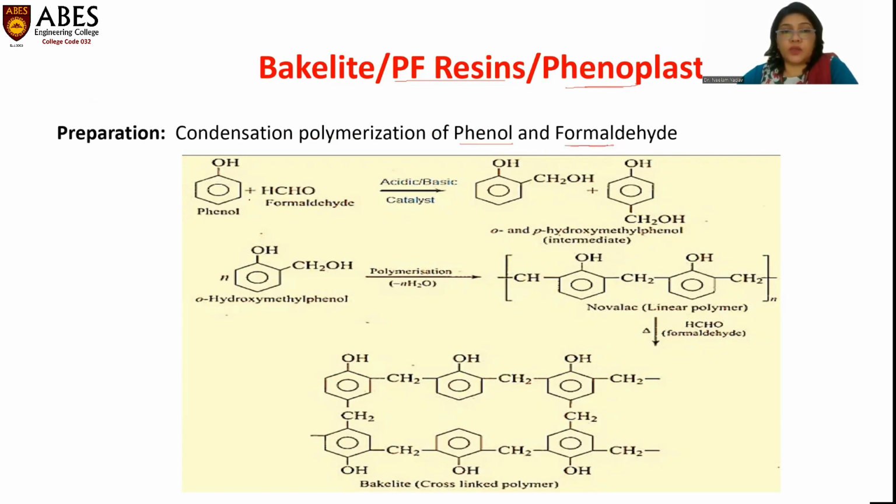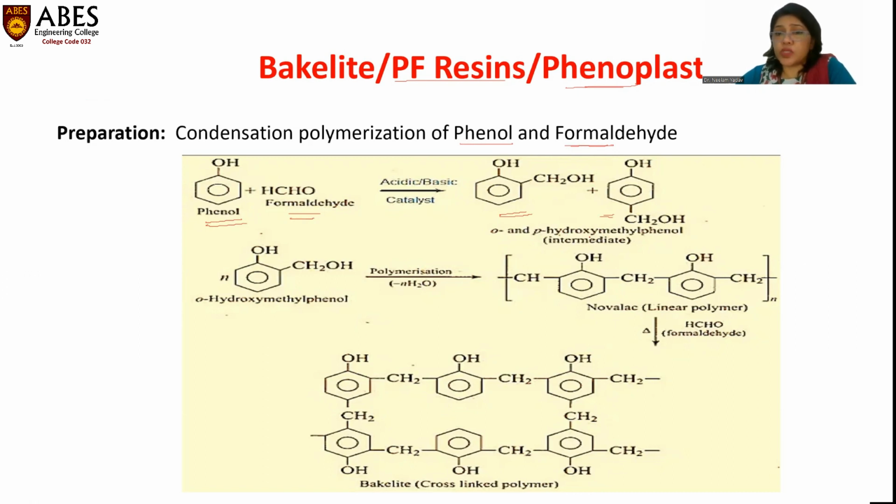When we are manufacturing bakelite, phenol and formaldehyde are initially reacted in an acidic medium to form two products: ortho and para-hydroxymethyl phenol.